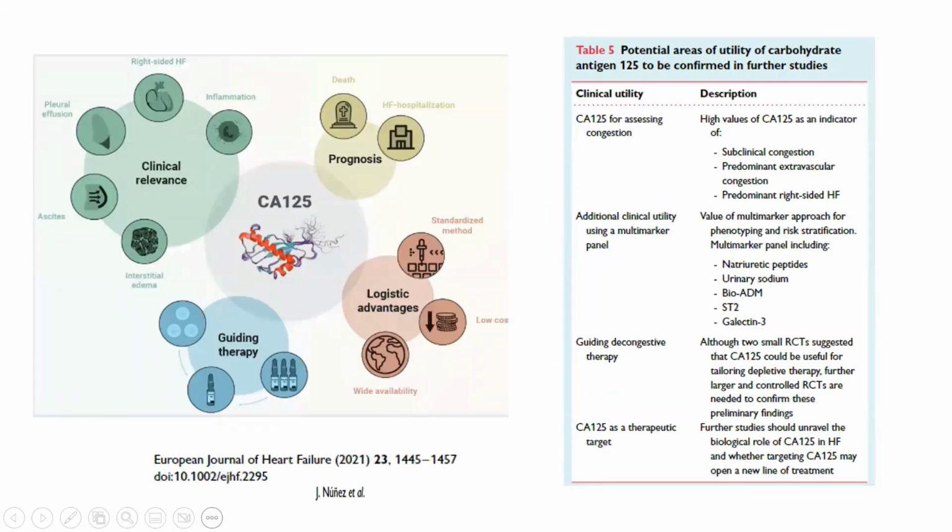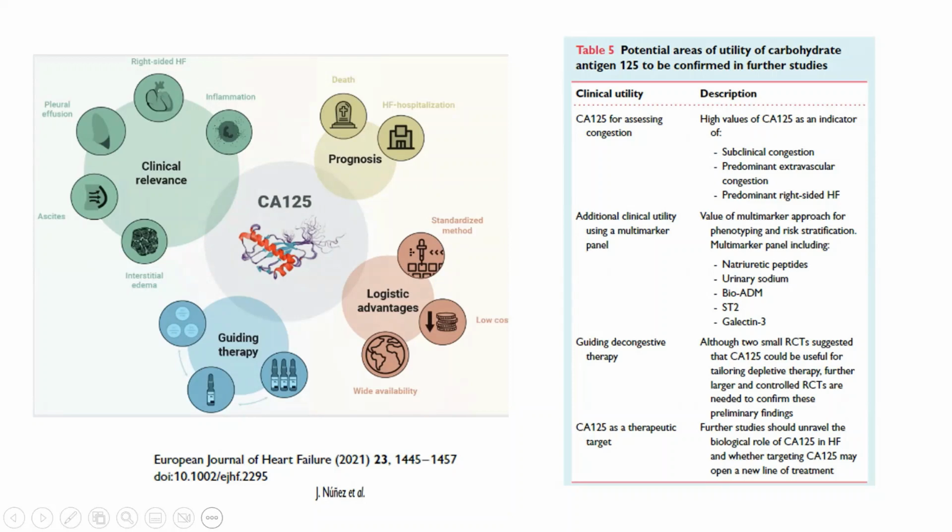Now, you said CA125 is not a cardiac biomarker. I want you to change this. It is an important cardiac marker, okay, for congestion. طبعا CA125 stands for cancer antigen or carbohydrate antigen 125. طبعا احنا عارفين انه هو marker or tumor marker of ovarian cancer. مش كده؟ Yes.